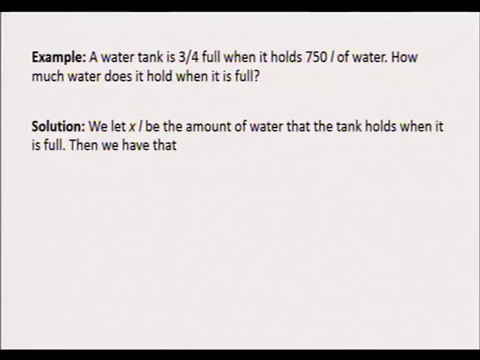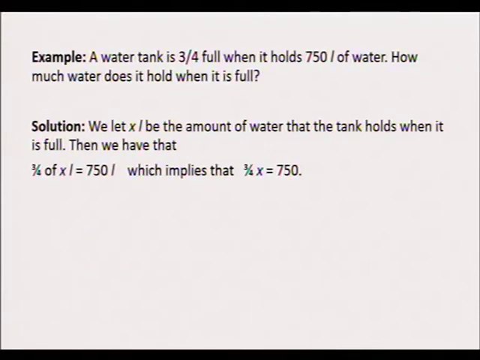Right. So let's assume that X liters is the total volume of the tank. That's the amount of water that the tank holds when it's full, X liters. Now, what the problem is saying is that 3/4 of X, which is the amount of water in the tank, is 750.